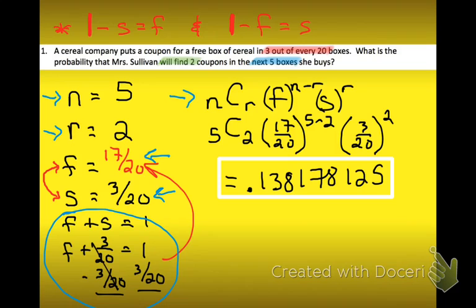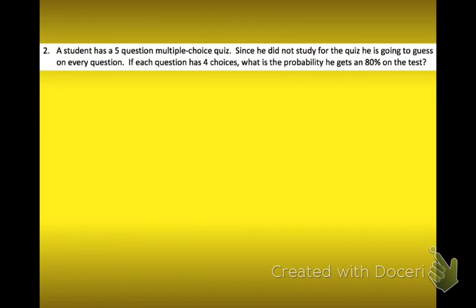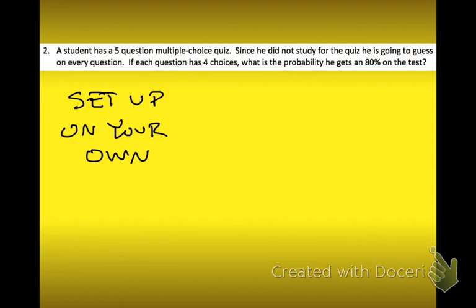So what I would like you to do now, I know you don't have graphing calculators at home, so go ahead and try this, but I want you to just set it up on your own. When you get into class tomorrow, you can take a second and plug it into a calculator to see if what you did worked out.